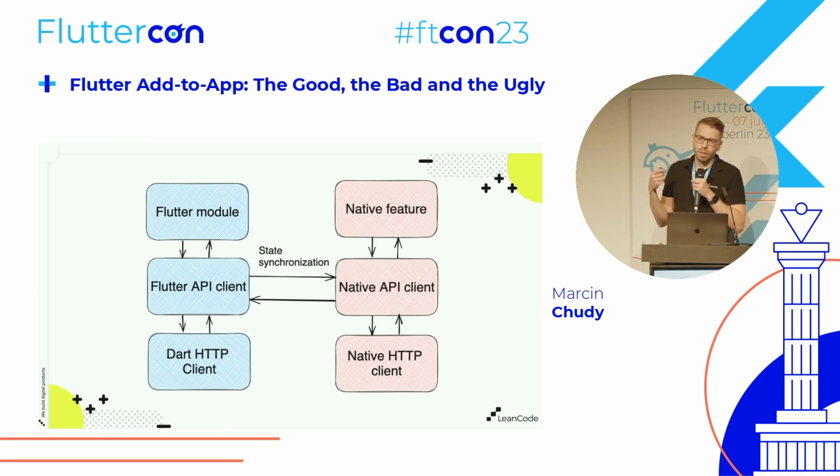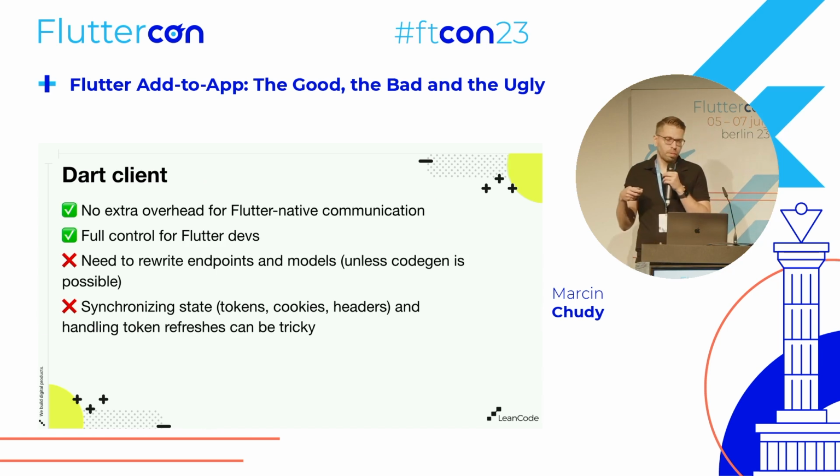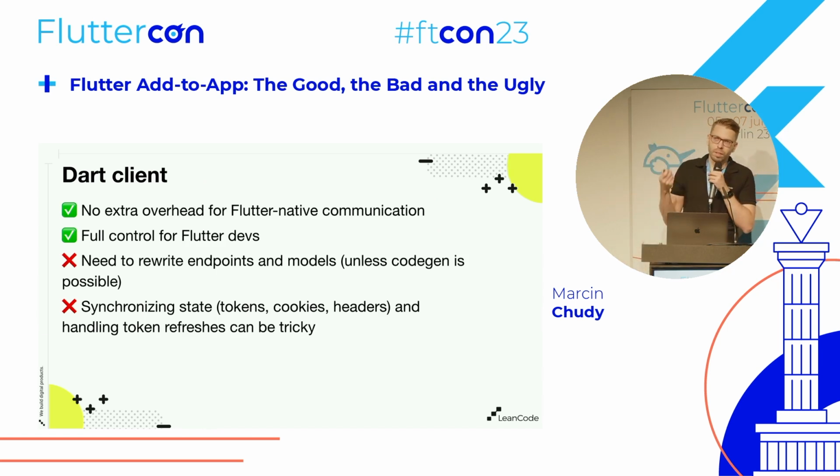So the native code can use some request queue, stuff like that. So now we no longer have this extra overhead for native communication. Flutter devs have full control over the API layer. So we're no longer in this producer-consumer relationship.